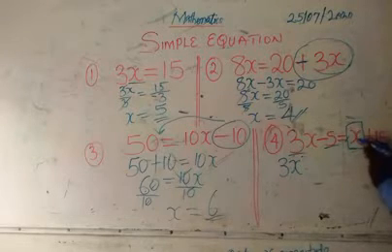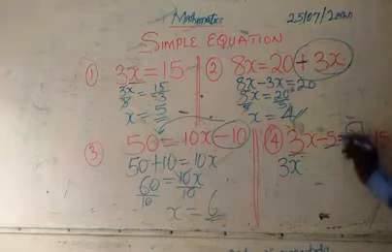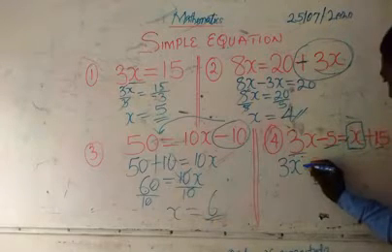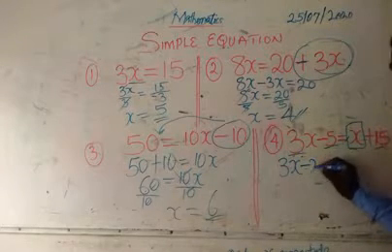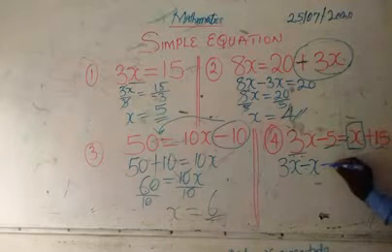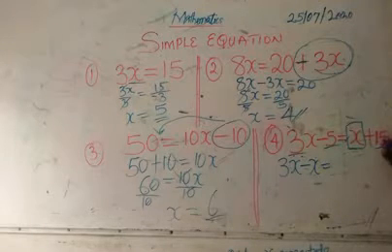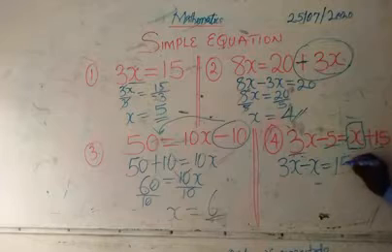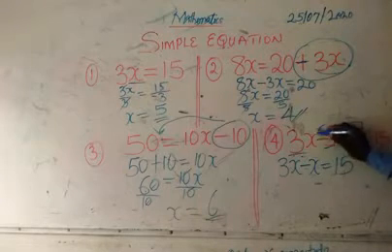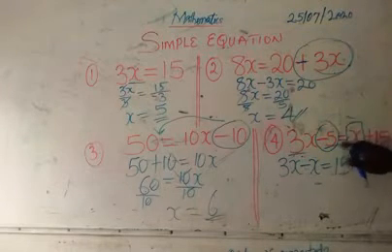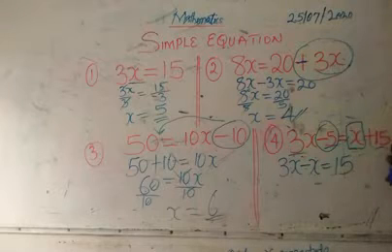So this positive term, x, is going to cross the equation sign here. So it's going to become negative x, which will be equal to 15, which is already there. Negative 5 is going to cross the equation sign to go and meet 15.